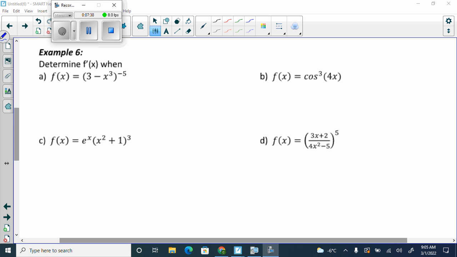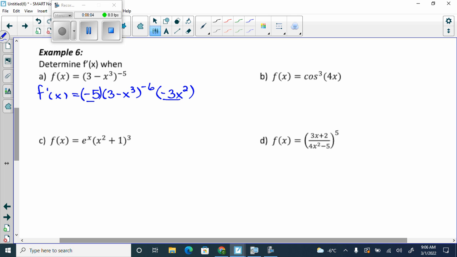So here we go, f prime of x equals, what would I do first? Negative 5, 3 minus x cubed, rewrite, to the negative 6, because we have to drop it by 1, times the derivative, negative 3x squared. So what they'll do is they'll join the negative 5 and the negative 3x squared together.